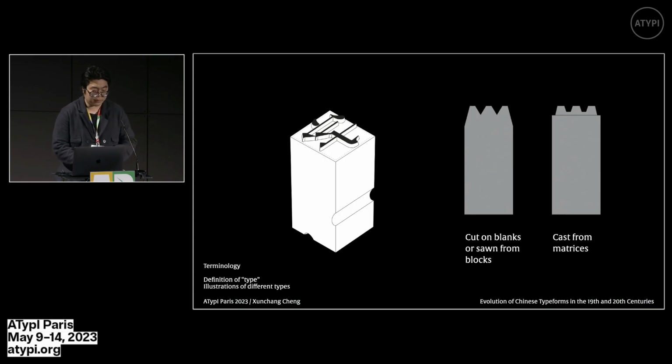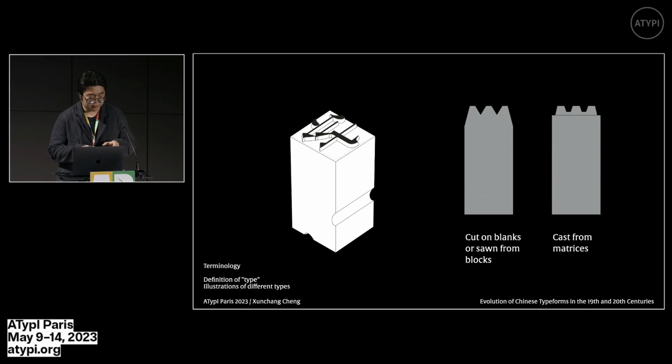The other precondition that may be helpful is briefly reviewing some aspects of Chinese types. Usually in letterpress printing, a type is a piece of metal. On one end of its face is a character image. However, because of the particularity of Chinese fonts, I extended the definition of the term type.